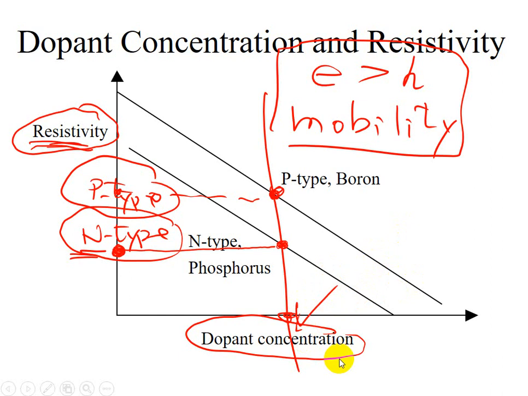Actually, this is the way to build a resistor on top of a silicon wafer. By introducing different dopant concentration, you can control the conductivity, i.e. the resistivity. It is a resistor.